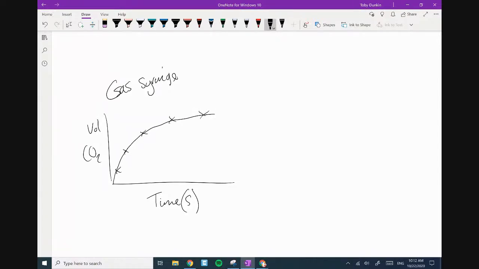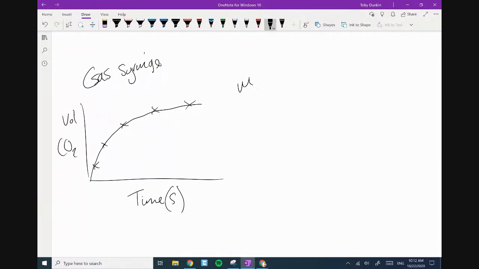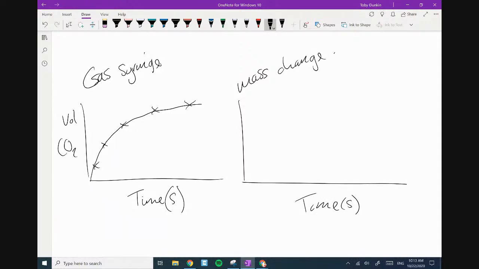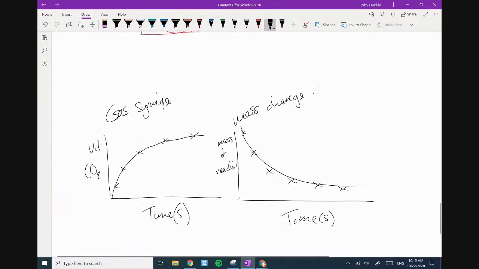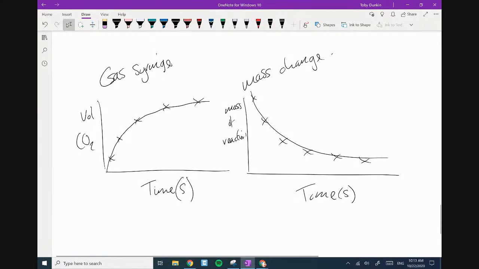But on the mass change one, the graph does exactly the opposite. As time goes on, the mass of the reaction is going to decrease with time. It's the exact opposite. I'm doing rate graphs next lesson, so I'll talk to you some more about these next time.